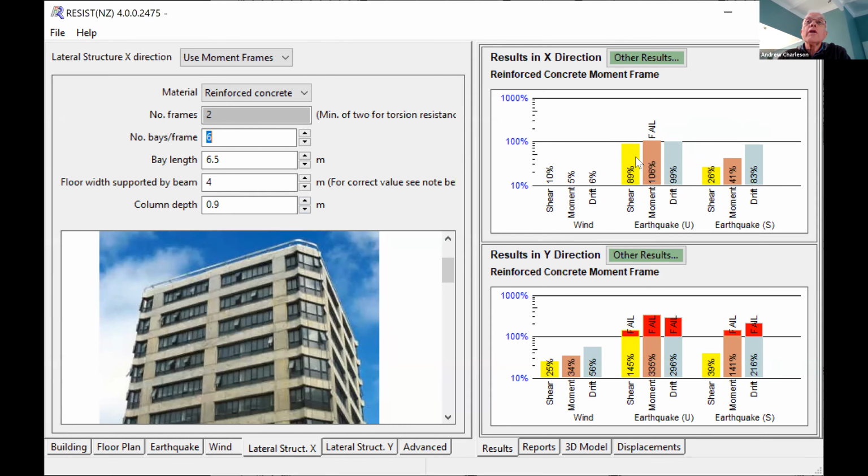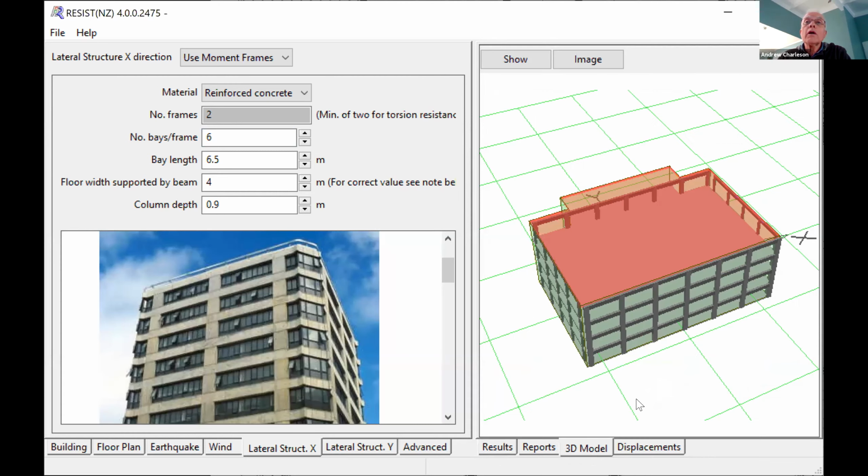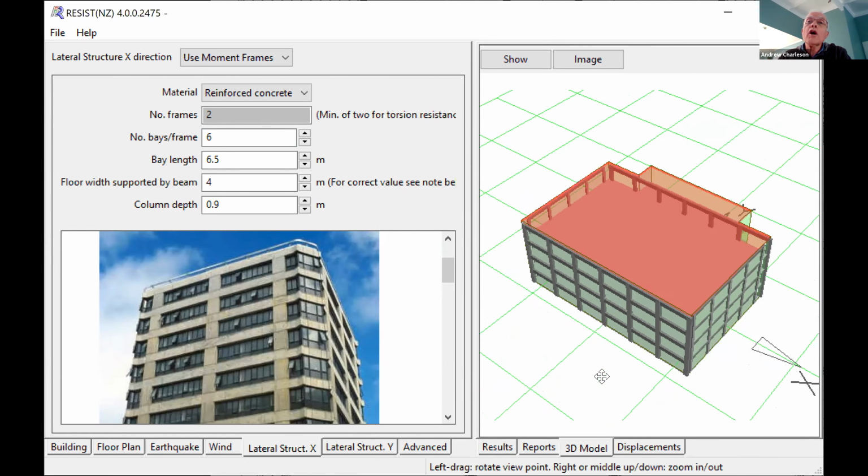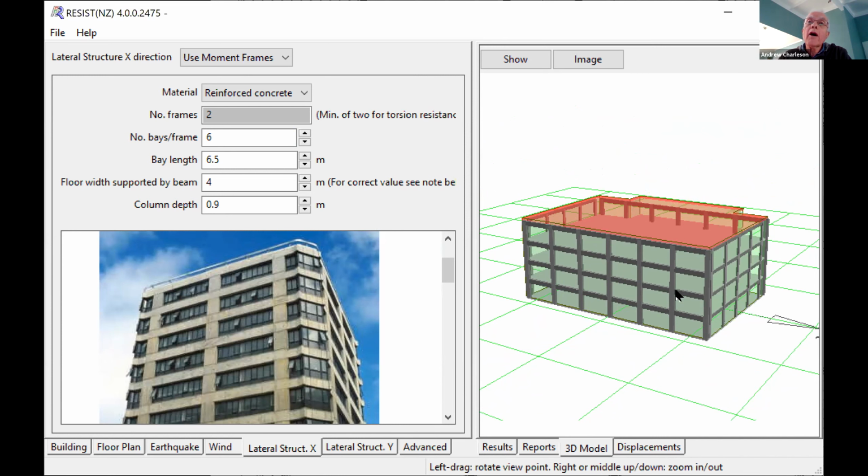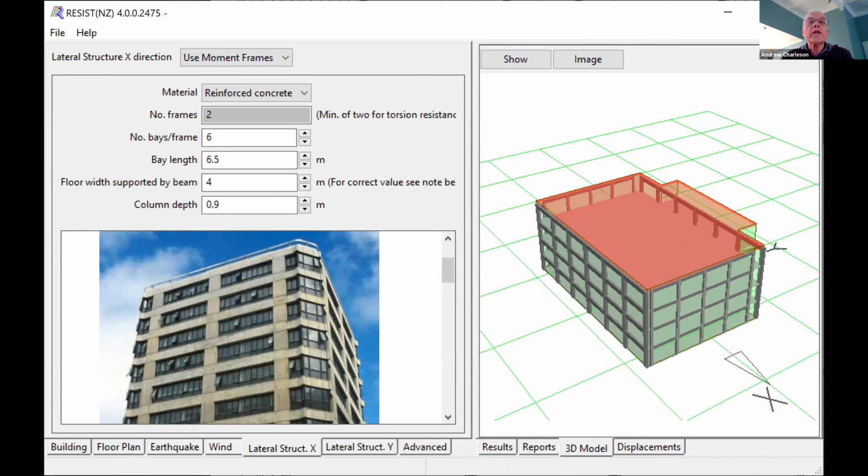And so there, our columns are a lot bigger now, but that is what we need for this heavy building on soft soils. Let me see now. So I finished my design in the X direction.